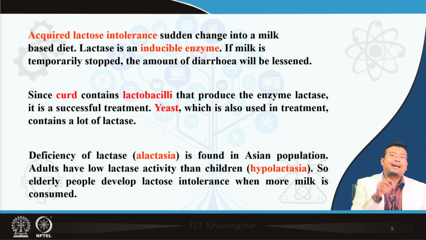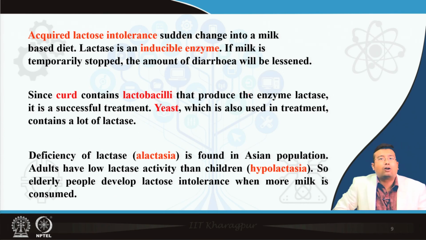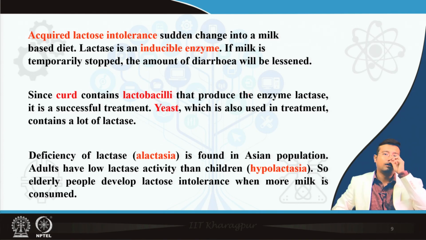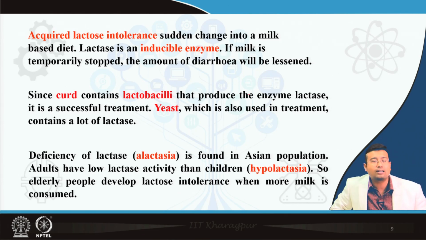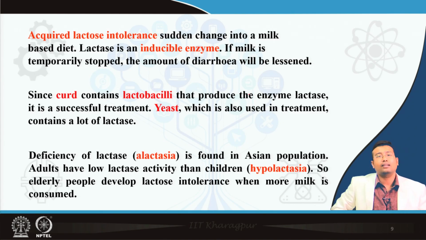Because it comes from the lactobacillus that is present in the curd or yeast. So, curd contains lactobacillus that will provide lactase. It will help in easy digestion of the milk. Also, yeast can be used in the treatment because it is available in sachets. It can be prescribed. If present in the gut, it will provide the essential lactase enzyme. So, this alactasia will be cured.